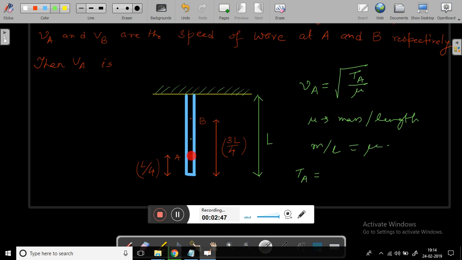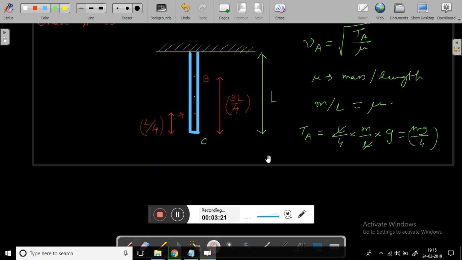The tension at this point will be due to the lower portion, from point A to point C, if we consider this point as C, that is the AC portion. What is the weight of this length? That length is L by 4, and mass per unit length is m by L, multiplied by g. Ultimately it comes down to mg by 4. That is the tension at point A.